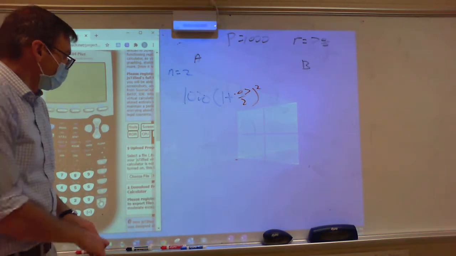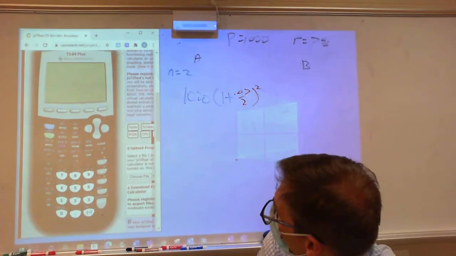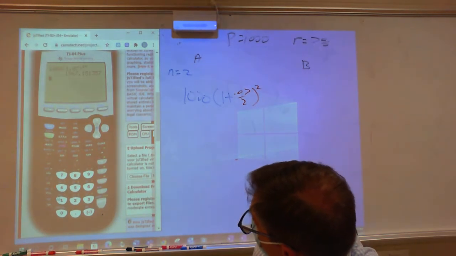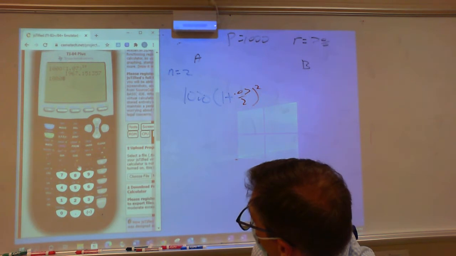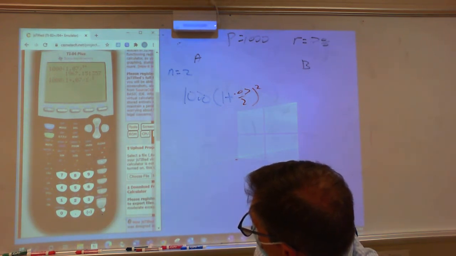So let's see. If I compound twice a year, I'm going to type in 1,000 times 1 plus 0.07 divided by 2, and I'm going to raise that to the 2 because I want to get money twice a year, and I press enter.